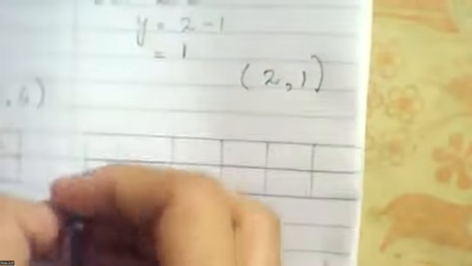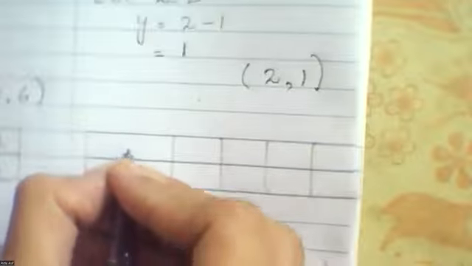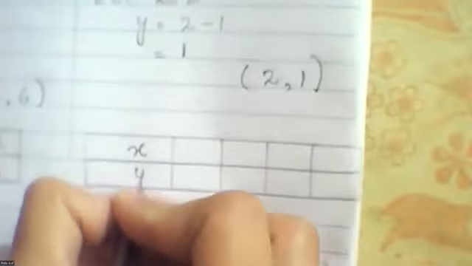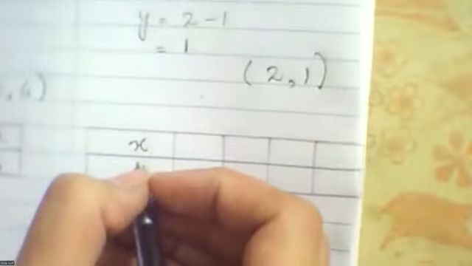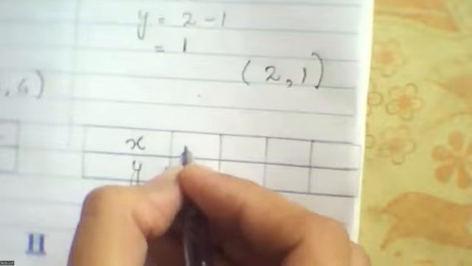In our given chart, we can write x and y. Okay, so in this table, we have written x and y. Now, what was the first value of x and y? Minus 3 and minus 4.